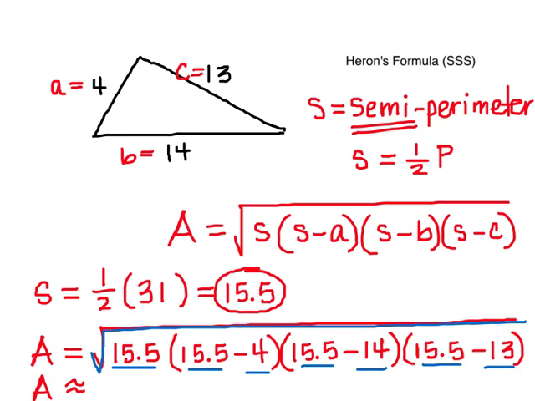So pause the video for a second and try to put that in your calculator and see what you get. I got 25.854 and so on, and so I'm going to round this to the nearest tenth. You'll just have to see what the directions say about how to round, but that would be rounded to 25.9.